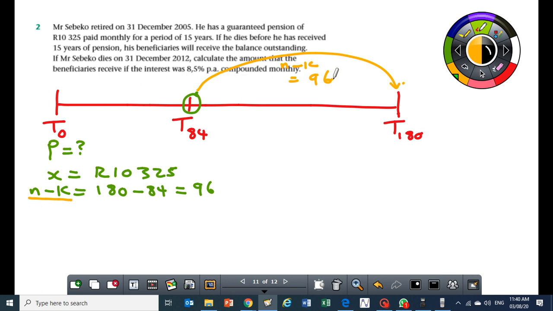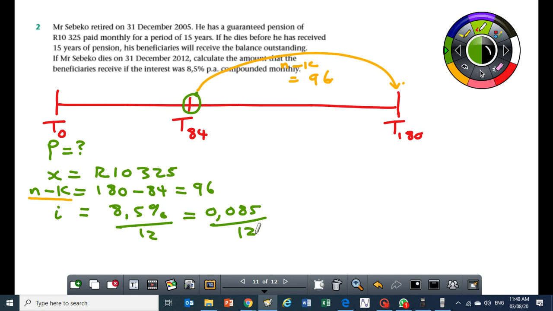Alright? Then we have got our x, we have got n minus k. Then our interest rate is 8.5% compounded monthly.